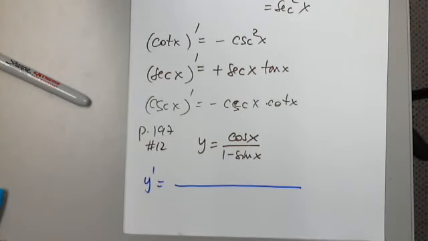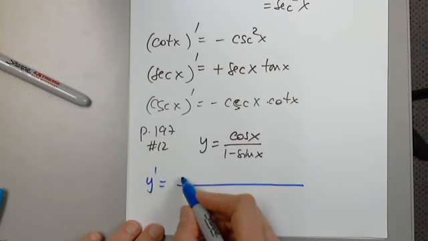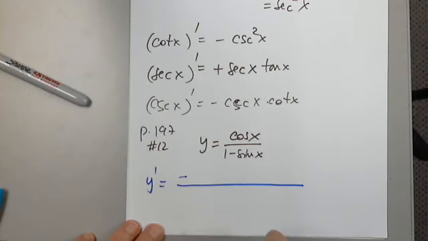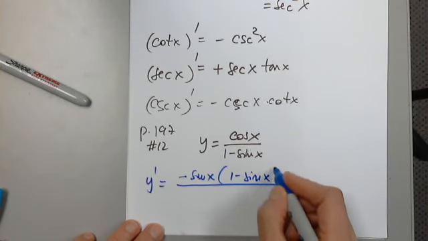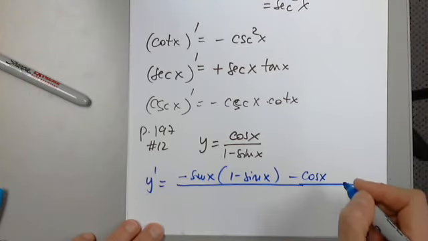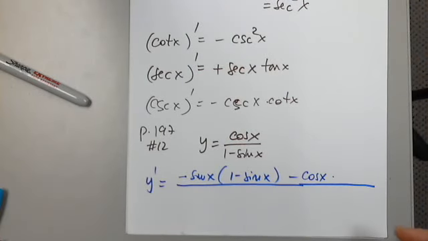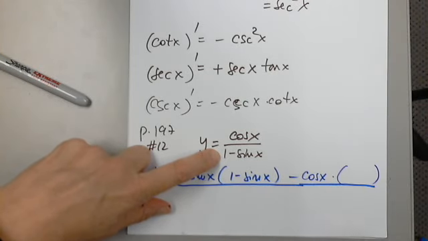Top function prime, negative sine x, and I multiply by 1 minus sine x, minus the top function times the denominator prime. When I differentiate 1 minus sine x, what do I get?